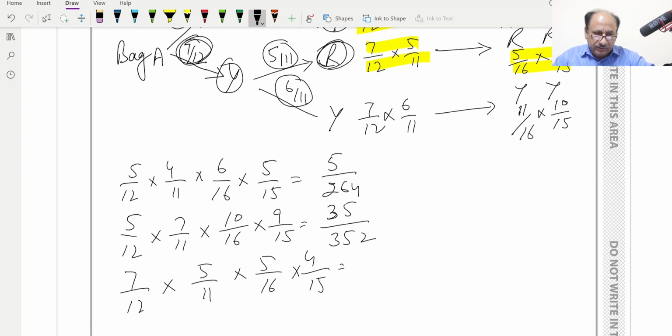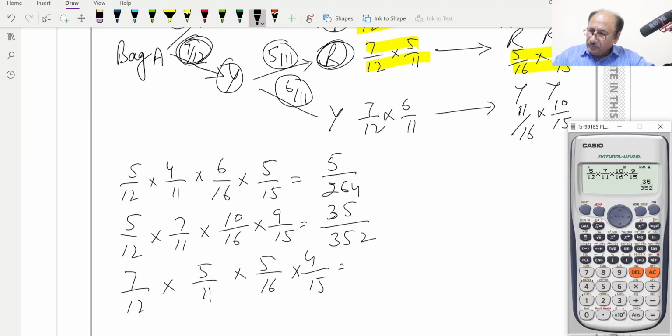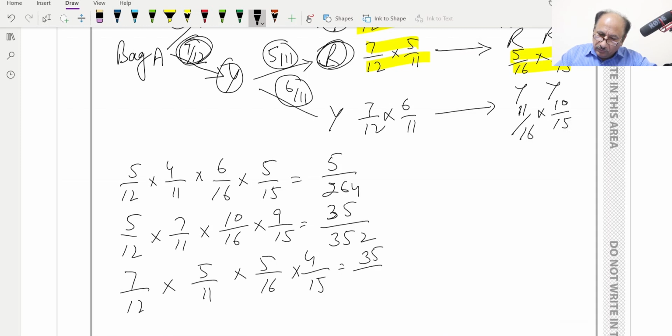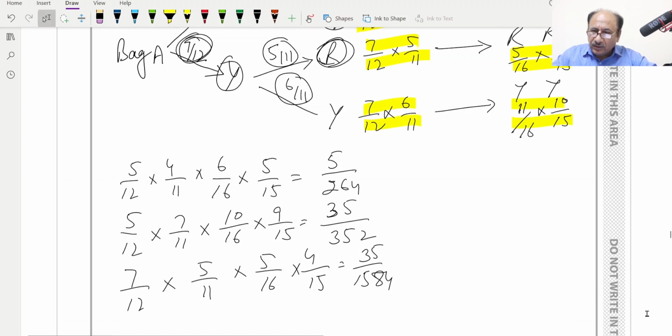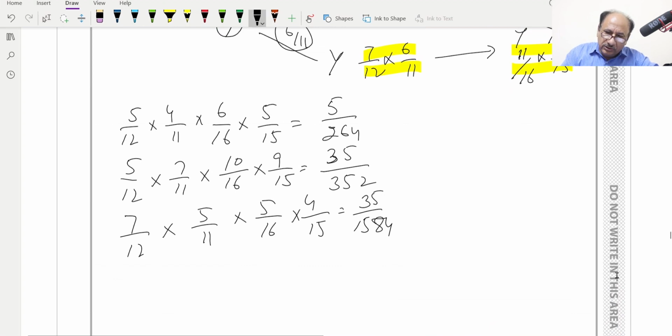And if we multiply these four terms, we will be getting 7 over 12 multiply by 5 over 11, and this will be multiplied by 5 over 16, and this will be multiplied by 4 over 15, and this is equal to 35 over 1584.